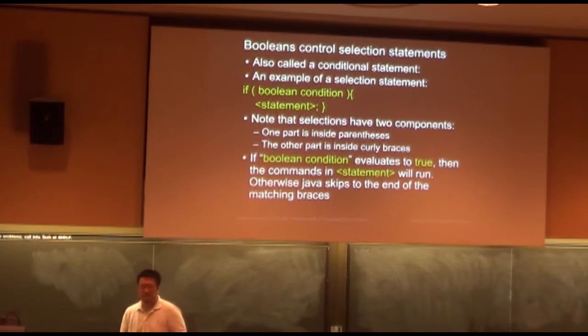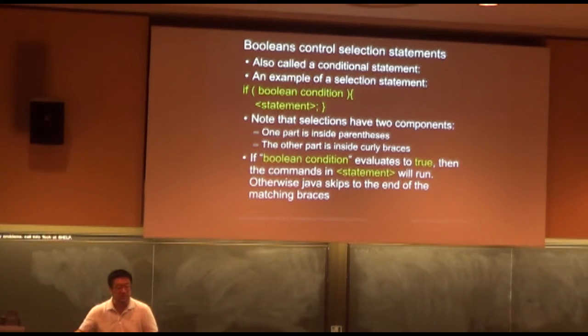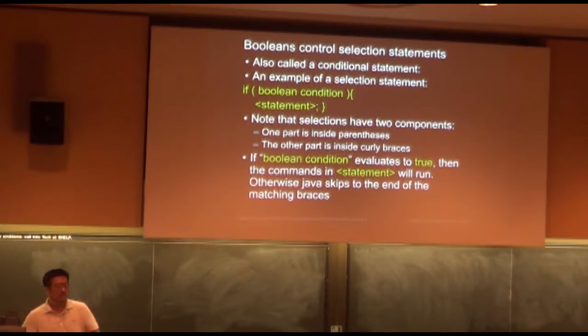You say if, and then you have two parentheses that must be there, and inside them you have some expression that evaluates to a Boolean value. It could be if true, if A is greater than B, or if A is greater than B and C is greater than D. It has to be any expression that evaluates to a Boolean.